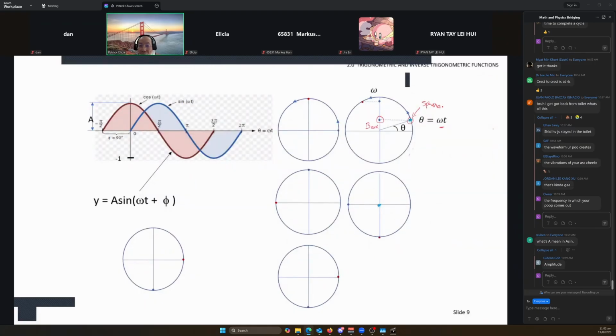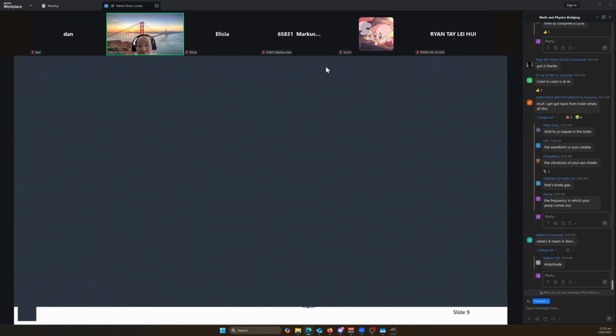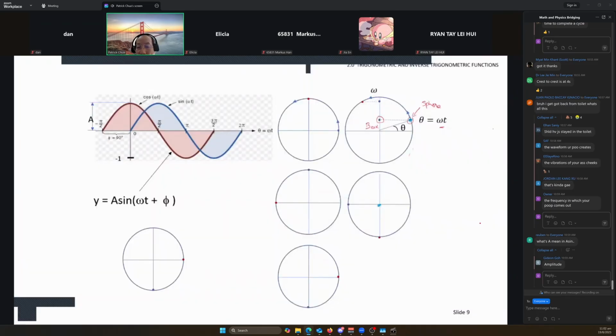If you look at this from the very beginning, this is diagram 1, diagram 2, 3, 4, 5, because they are all moving.